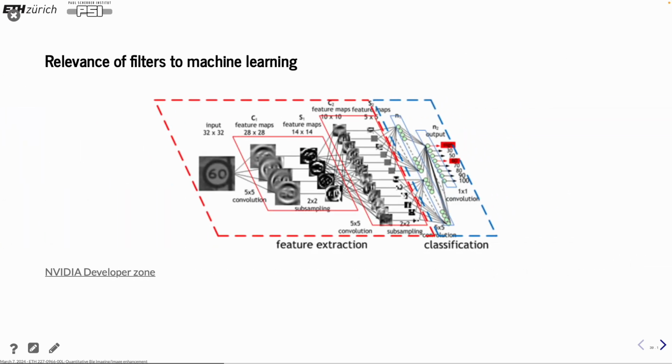And yeah, filters can also be used in machine learning. So you probably have heard about convolutional neural networks, and here our filters come into play again, because each of these nodes in the network is a different kind of filter kernel that is applied and then weighted together into the final answer.